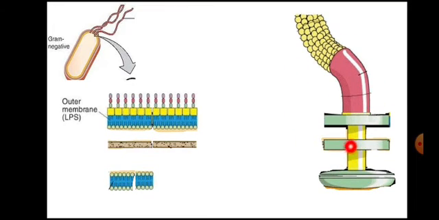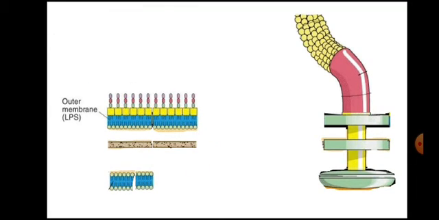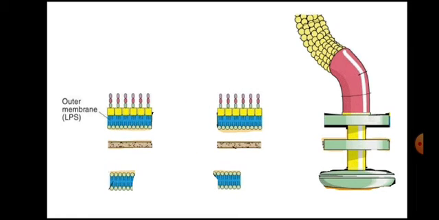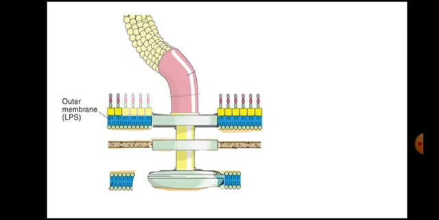Now let us combine this structure with the structure of the cell wall so that we can understand how exactly this flagellum fits in the cell wall of the bacterium. We'll separate this for our convenience, and then this flagellum fits like this. This is embedded in lipopolysaccharide, so it is called the L ring.